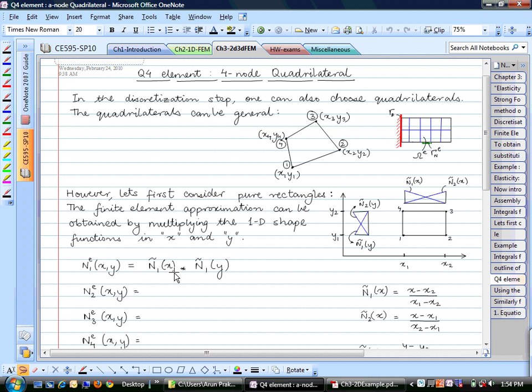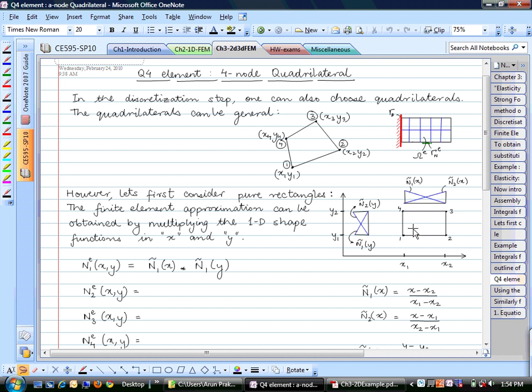This n1x term will go to 0. So at both nodes 2 and 3, this n1x term goes to 0. At node 4, if I plug in the value of y here, then this n1y goes to 0. So at all these 3 nodes, 2, 3, and 4, the value of this shape function goes to 0.